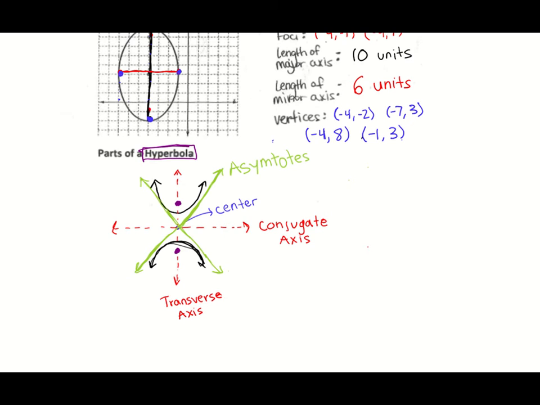All you need to know about those 2 points, the foci, is that these help determine where that hyperbola goes. And then lastly, we have our vertex, or our vertices, which are the top and bottom of those curves. Those 2 points are our vertices.